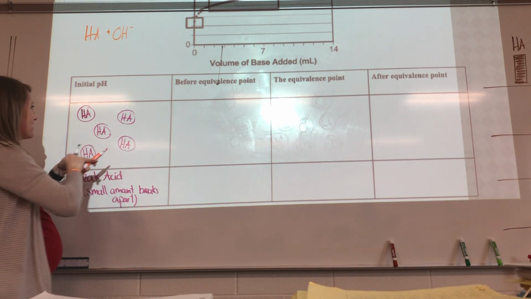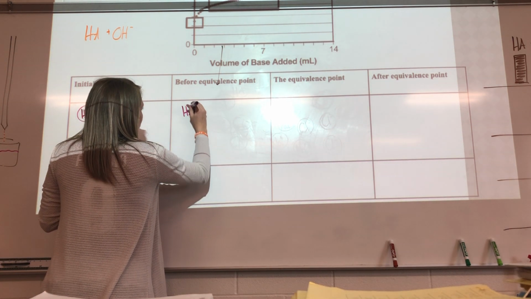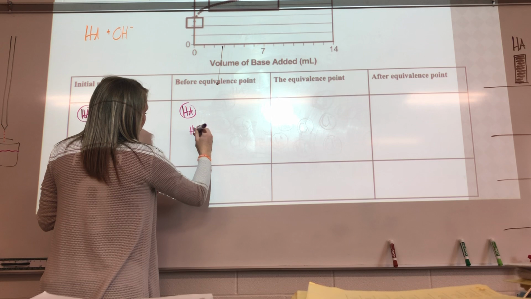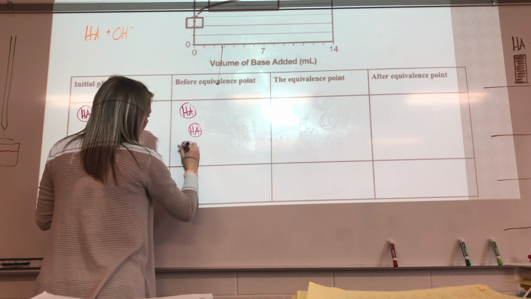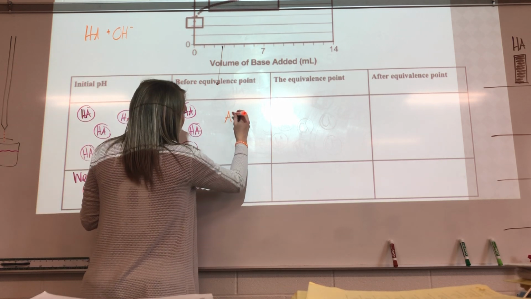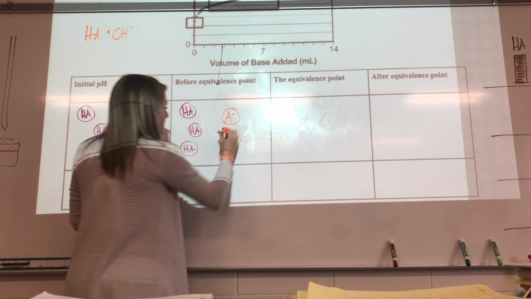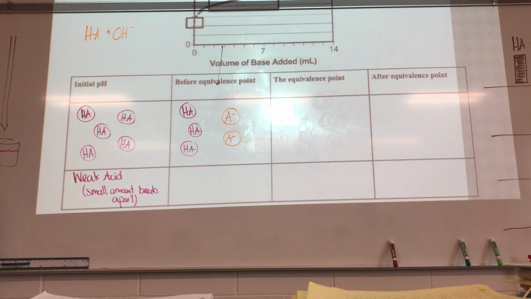Okay, so I'm going to take away 2. So if you took away some HAs, you can have a smiley face. If you added A minuses, you can have a second smiley face.